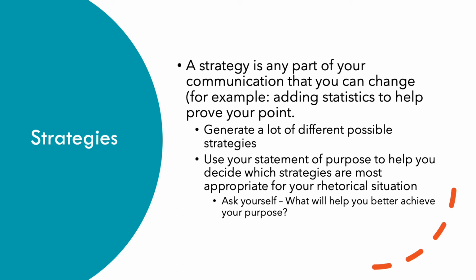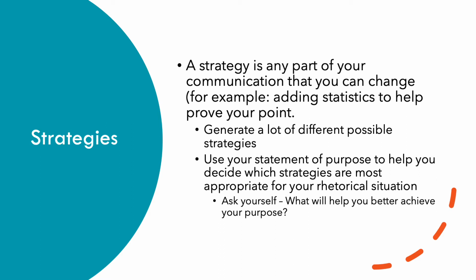Some tools to help you would be to generate a lot of different possible strategies. So what can you change in your writing to make it more effective and to prove your argument? You will use your statement of purpose to help you decide which strategies are most appropriate for your rhetorical situation.